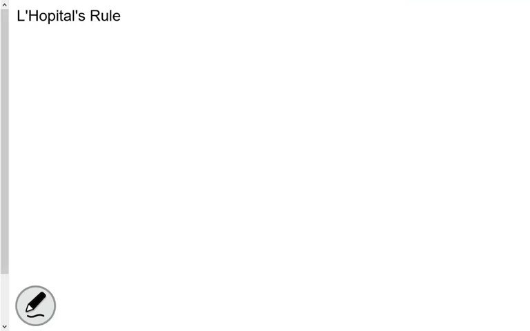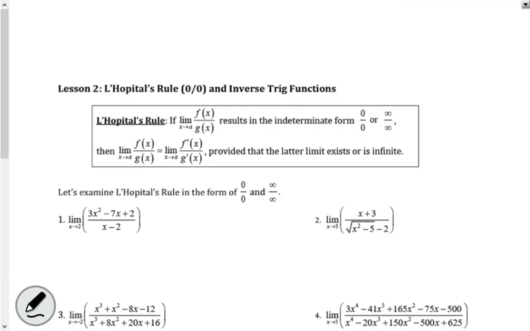So, L'Hopital's rule basically says that, what page are we on? We're on page 70? Okay, we're on page 70.